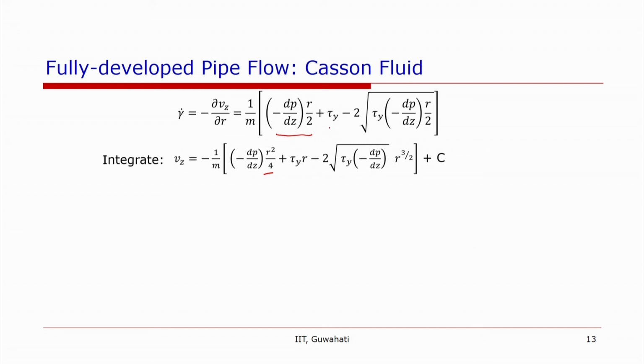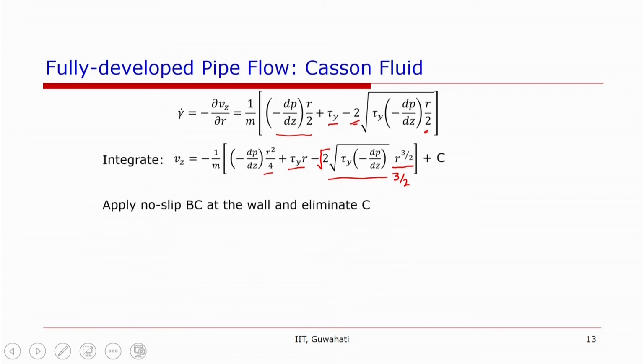The second term tau y is a constant, so tau y r, minus 2 root of tau y, minus dp by dz is a constant. 2 by 2 has become a root 2 here, and there is r, so this is r to the power 3 by 2, so that will be divided by 3 by 2. Okay.